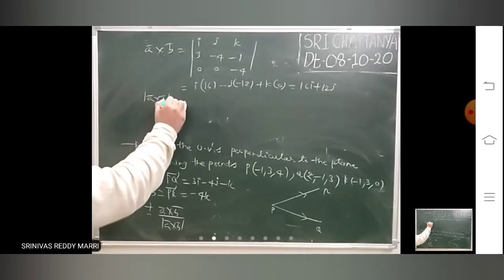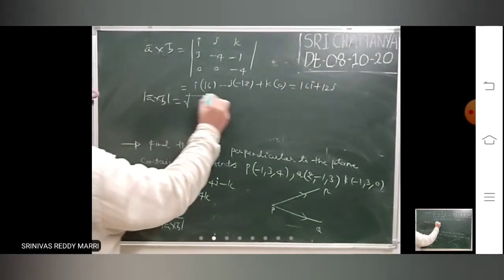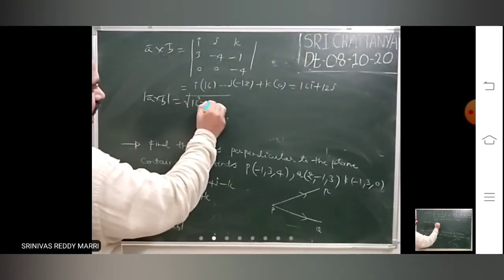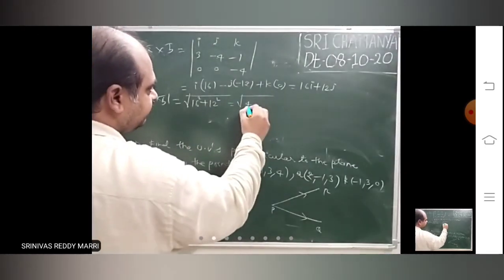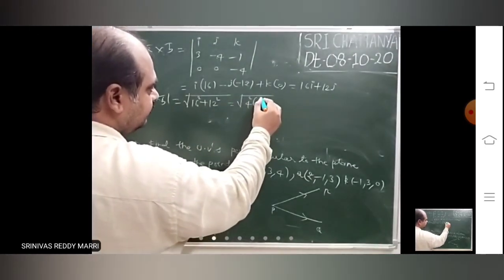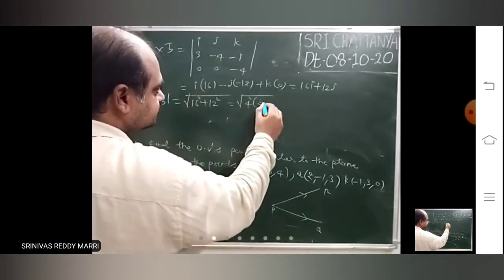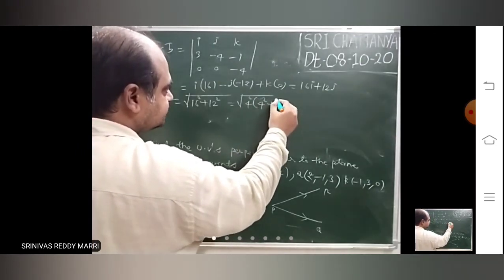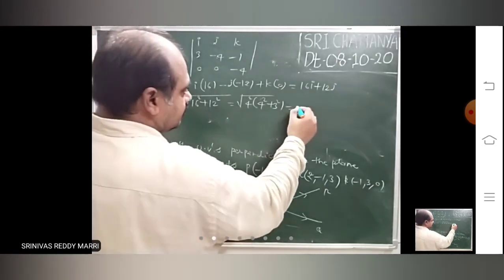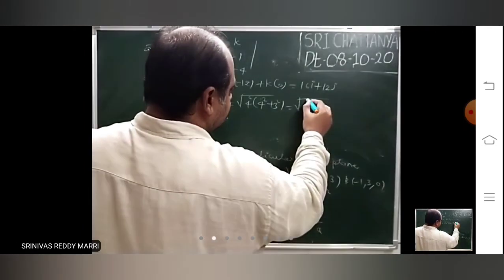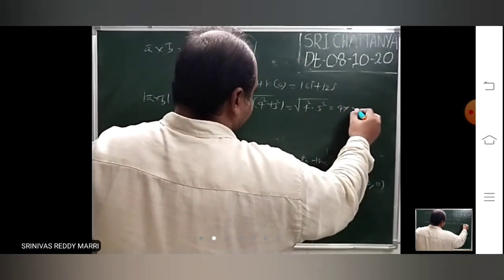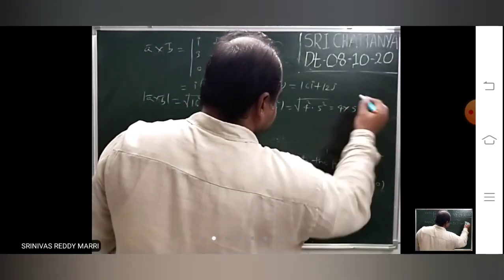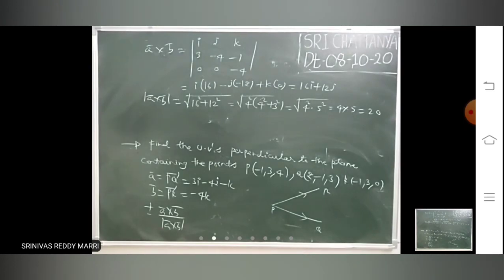Modulus of A bar cross B bar is root of 16 square plus 12 square. If you take 4 square common, you get 4 square into 4 square plus 3 square, that is root of 4 square into 5 square, so 4 into 5, the magnitude is 20.